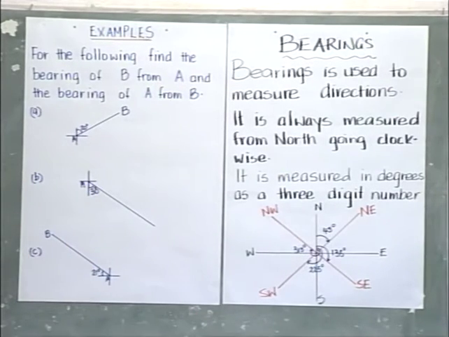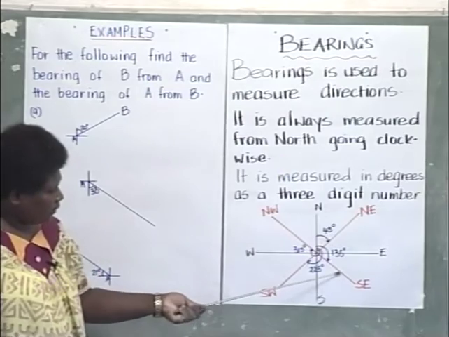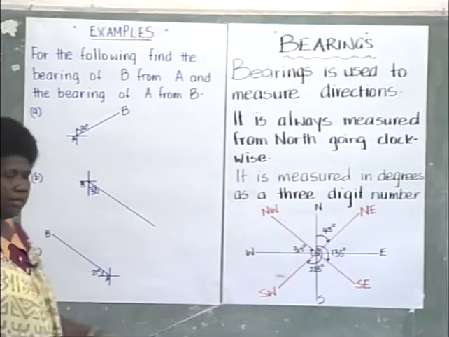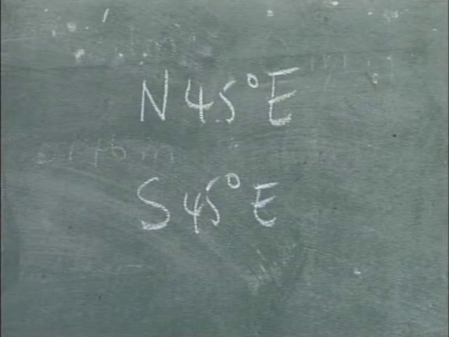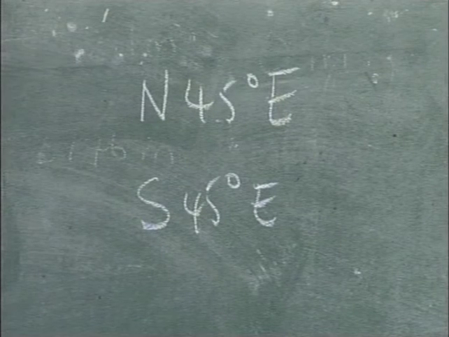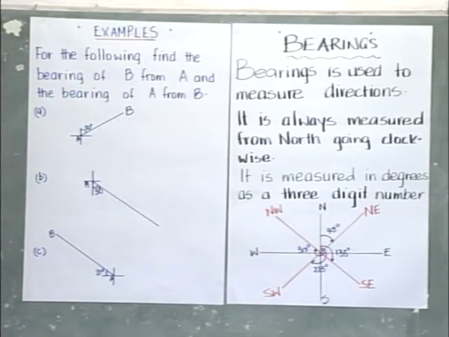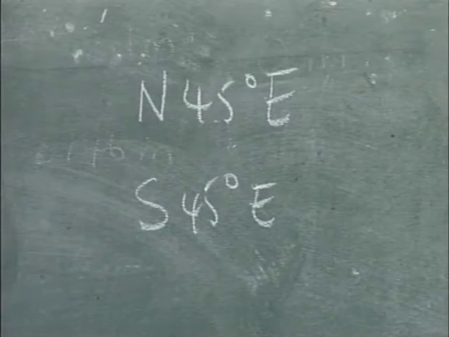If there was an angle here, let's say this one is 45 degrees, which is southeast, southeast was written as south 45 degrees east. So you know you start from south and you go east. Nowadays, it's not done that way. In maths, especially in social science, you probably still write bearings in this way.